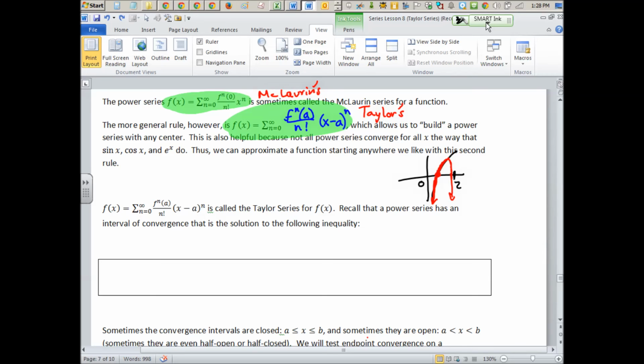The best you get is 0 to 2. You can't get the whole ln graph modeled by a power series. It's impossible. You only get like 2 spaces at a time.